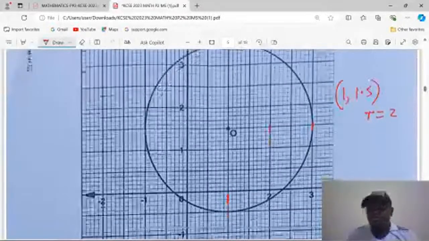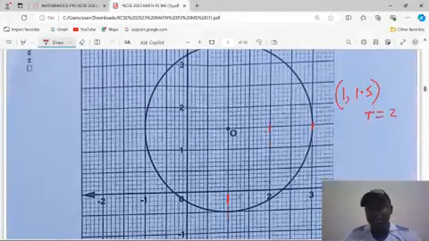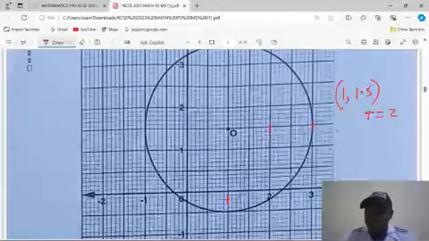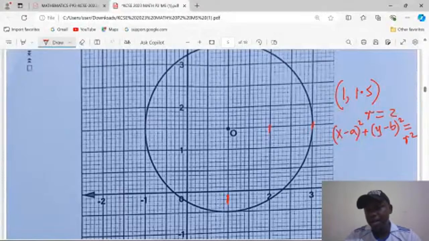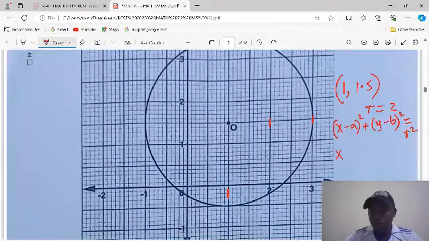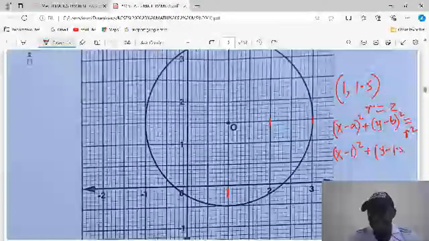We should know that the equation of a circle is usually expressed by x minus a squared plus y minus b squared equals the radius also squared. So x minus 1 squared plus y minus 1.5 also squared is equal to the radius of 2 also squared. That becomes 4.